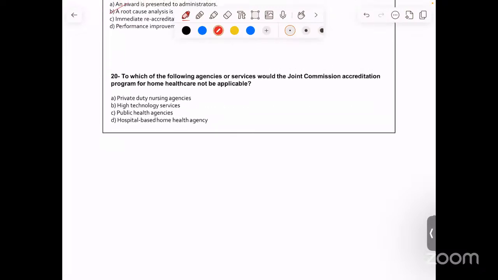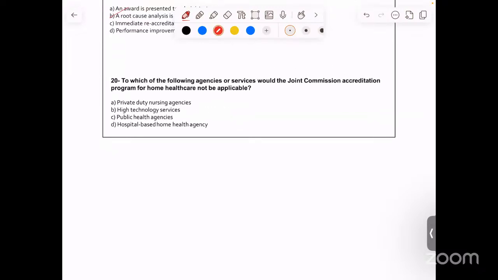Okay, number 20. To which of the following agencies' services would the JCI accreditation program for home healthcare not be applicable? A, private duty nursing agencies. B, high technology services. C, public health agencies. And D, hospital-based home health agency. C, public health agencies. Yes, that's the correct answer.